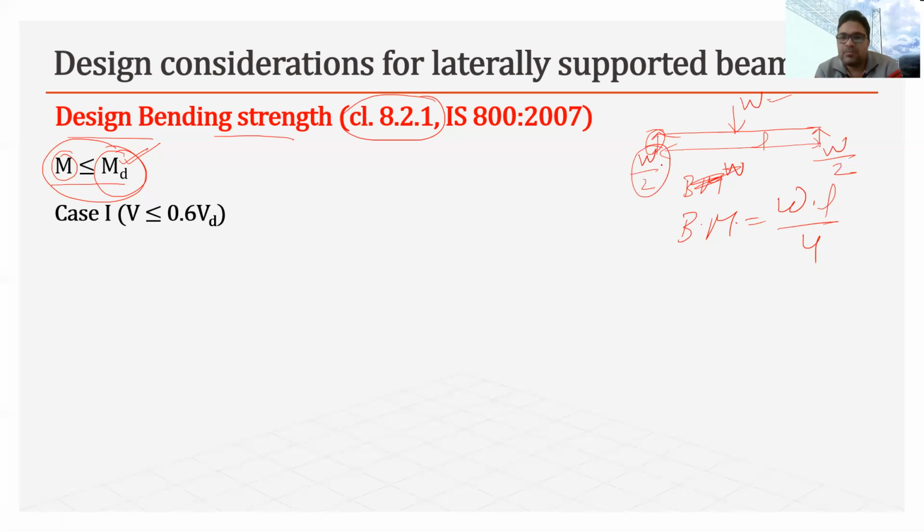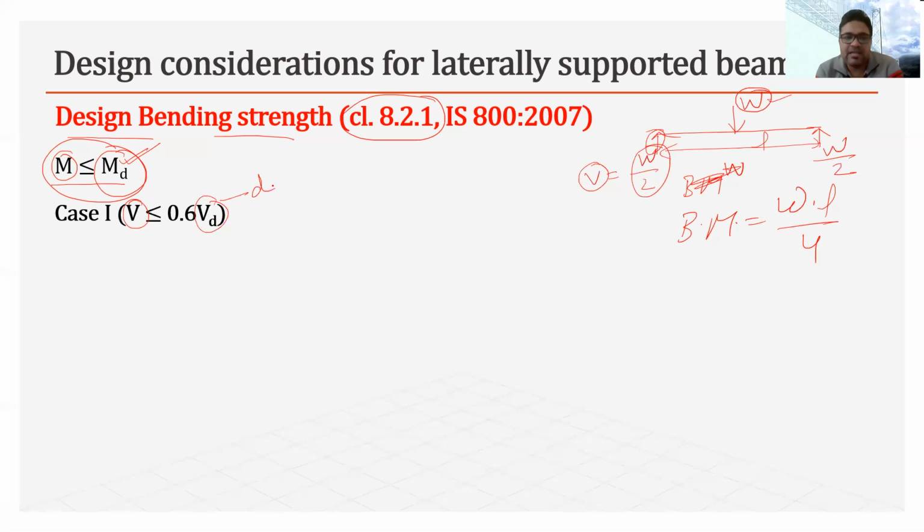This is the shear force due to the load, and if this load is a factored load, then we call it factored shear force. Now there is a criterion: when the factored shear force is less than or equal to 0.6 times VD. What is VD?